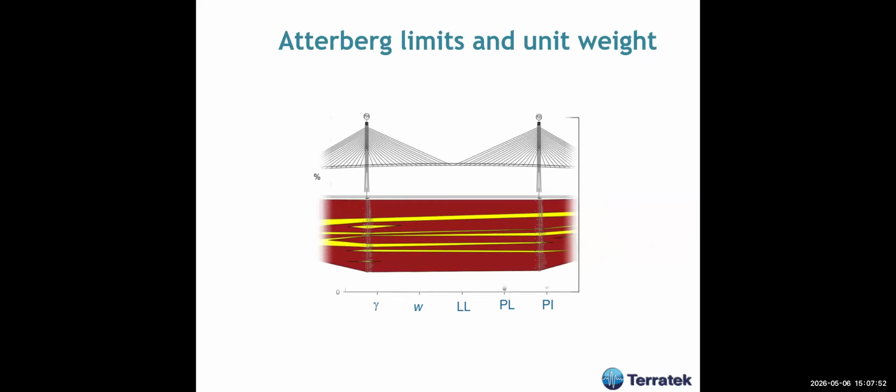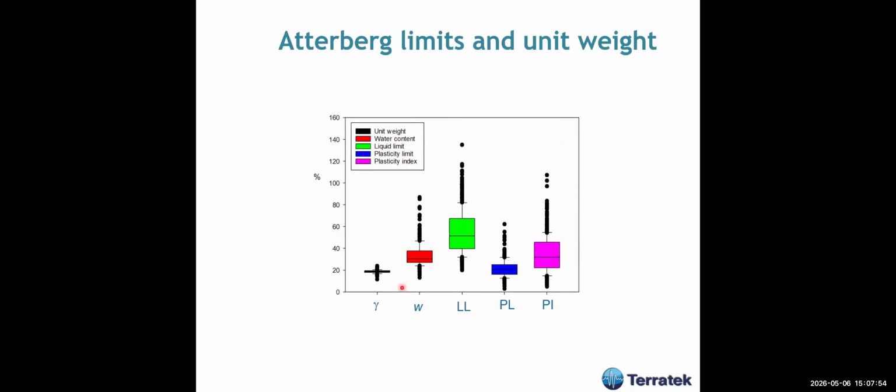Okay, and these are some properties of these clays, in which we had hundreds of tests. Unit weights of about 20 kilonewtons, 19 kilonewtons per cubic meter. Water content on average was about 35, 40, usually.